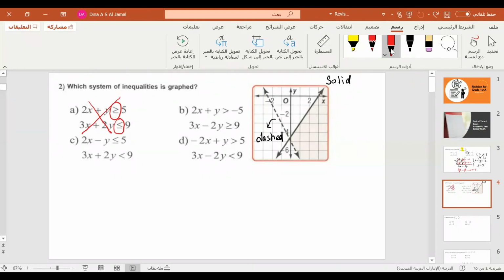Now look at option D. Both of them don't have equal, which means both lines should be dashed.